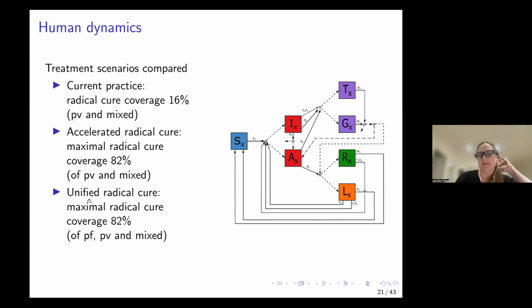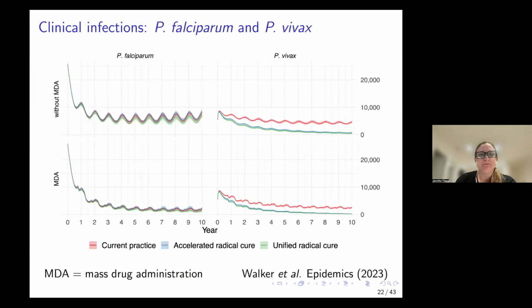Another option is to give absolutely everybody that comes back as positive for malaria, including falciparum malaria, radical cure. So this is problematic in that you're giving a drug to people when you don't think they need it, but you're giving it to them anyway. But that's another option for Vivax cure.